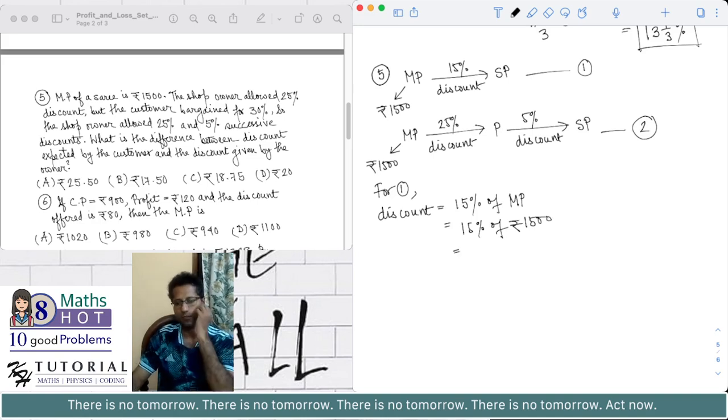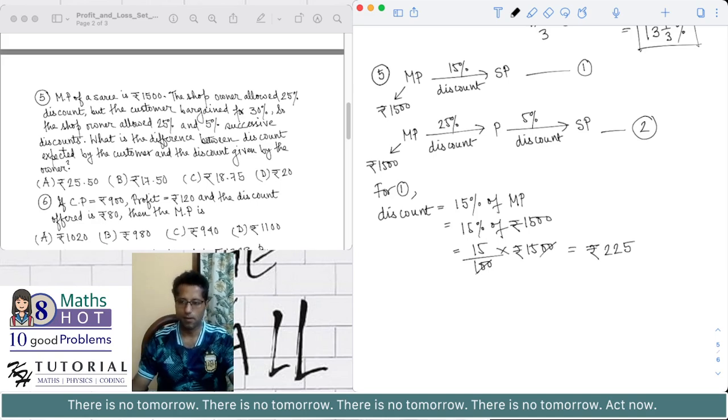This is equal to 15 by 100 multiplied by rupees 1500. This is equal to rupees 225, the total discount for scenario 1, where there is a single discount of 15% on the mark price.